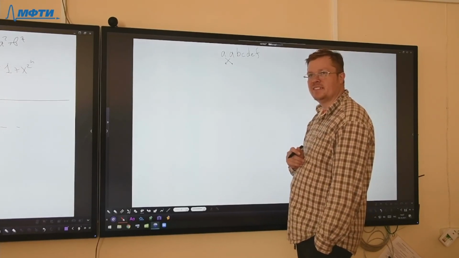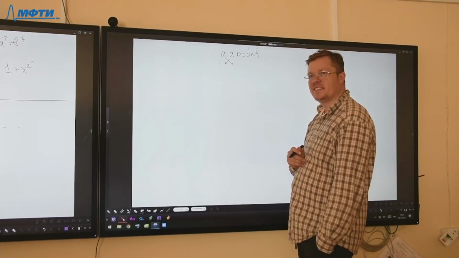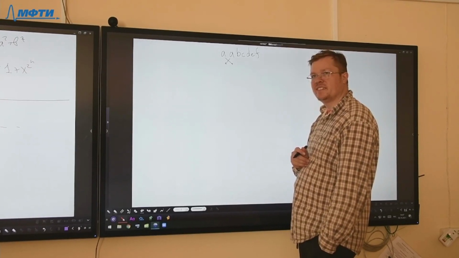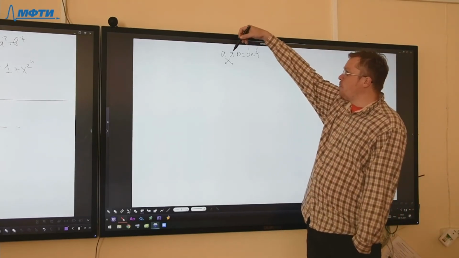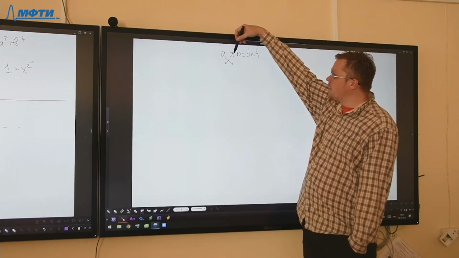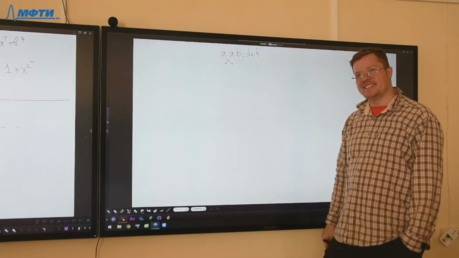How many derangements of this word are there? In other words, how many permutations are there such that none of the letters stay in place? These letters cannot change places because they're the same.